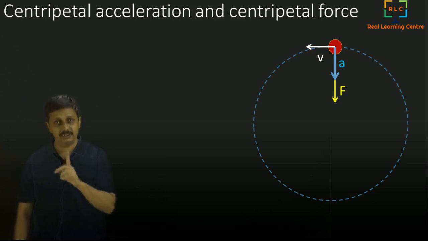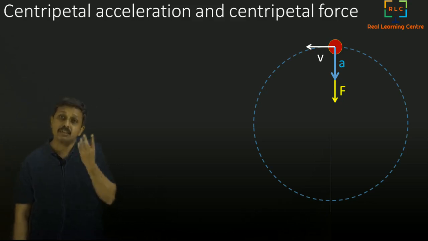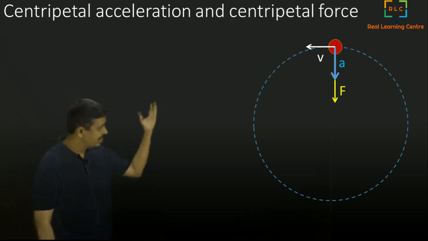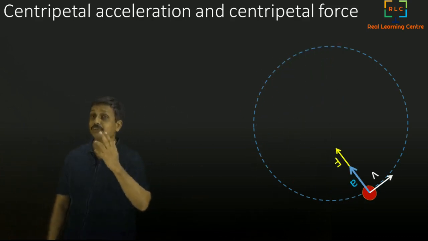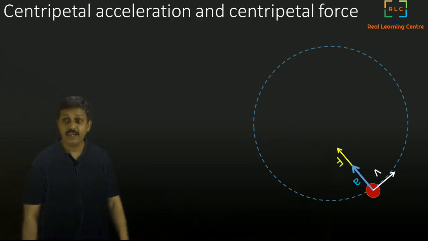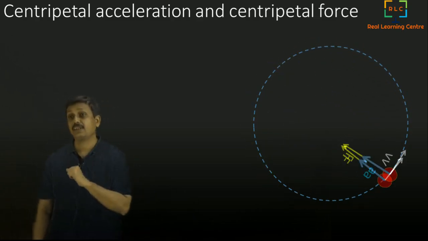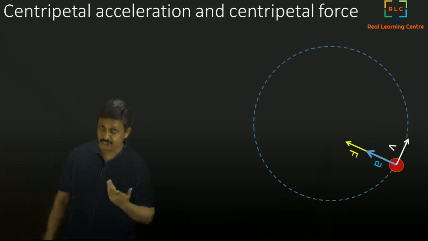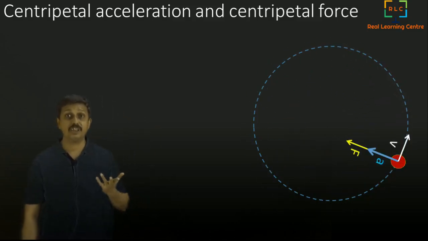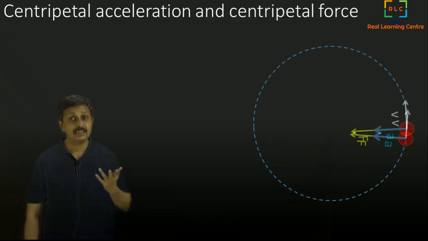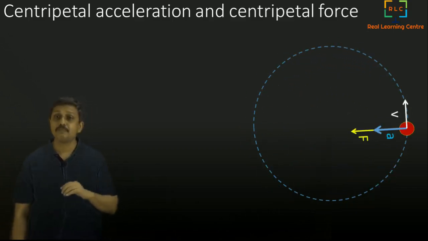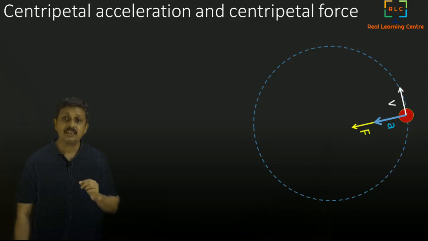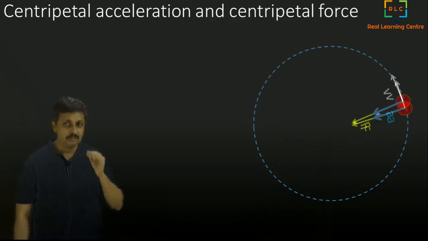Whenever that happens, the body rotates with uniform circular motion, where the velocity will be continuously changing, but speed will not be changing. Such a scenario is possible only in what we call uniform circular motion.